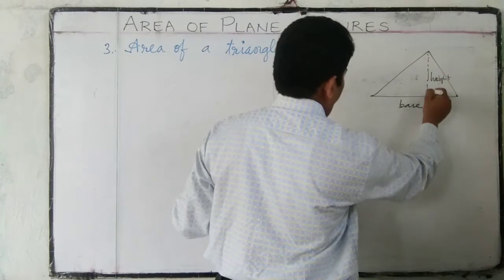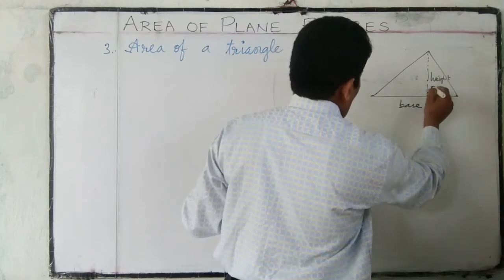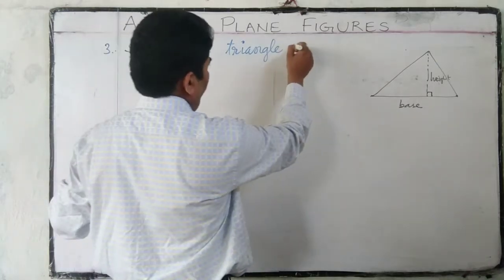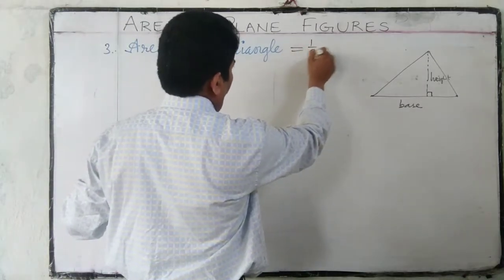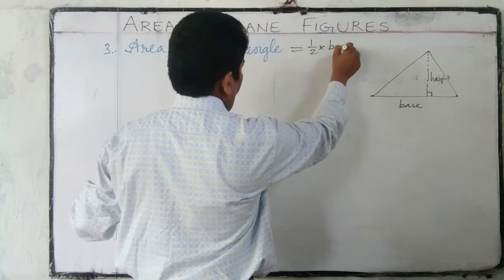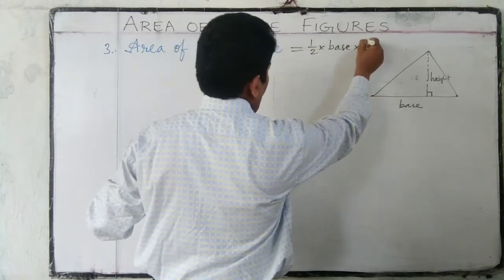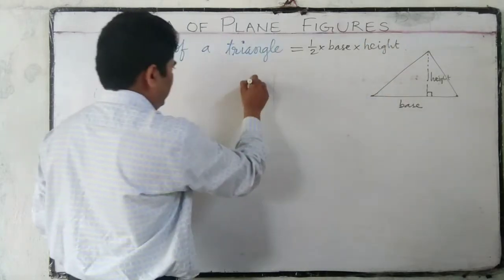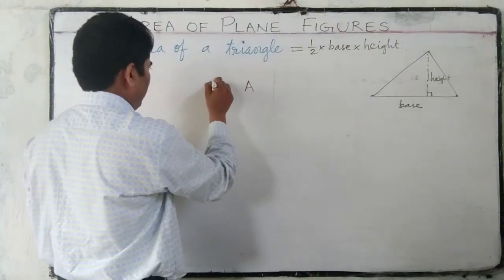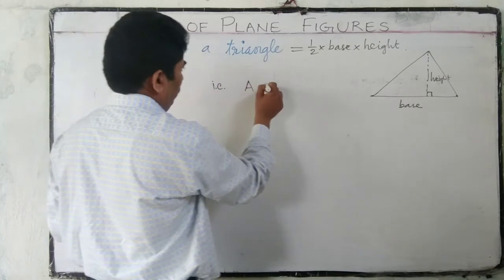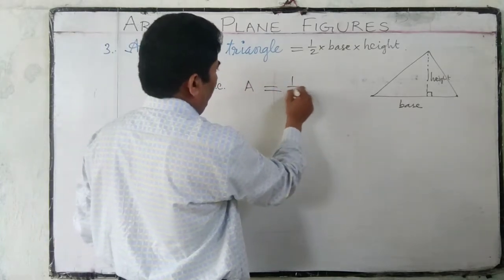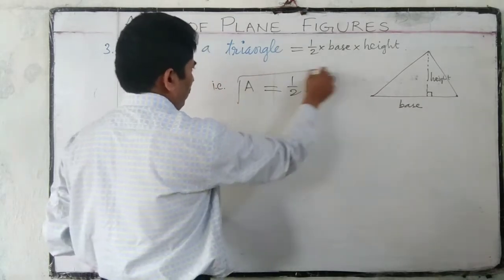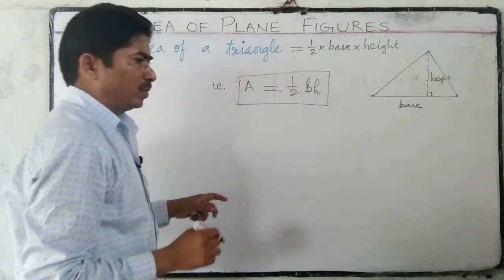So area of triangle is equal to half into base into height. That is A is equal to half B H. This is the formula.